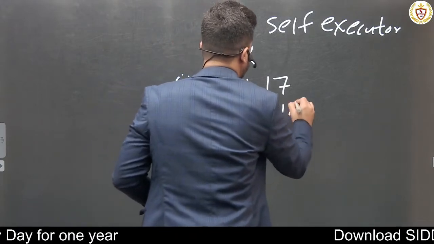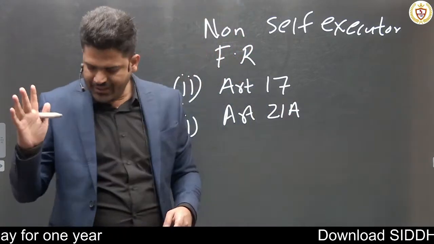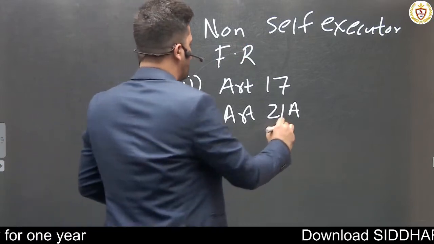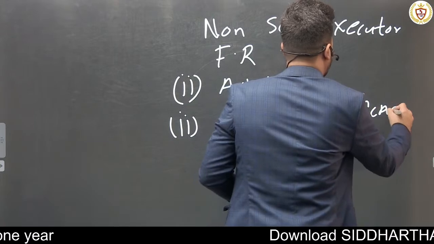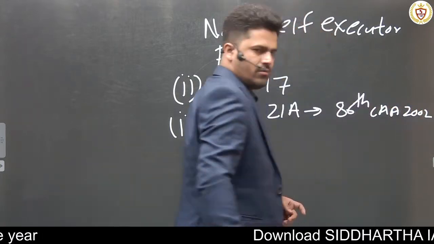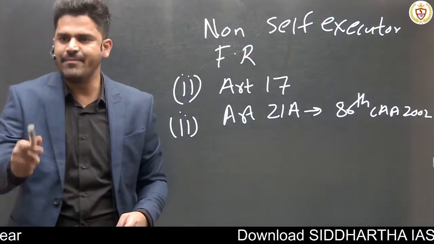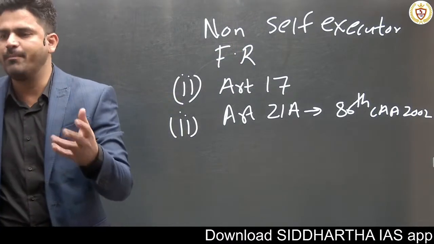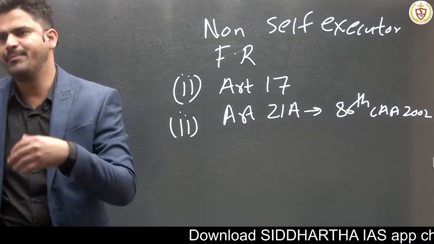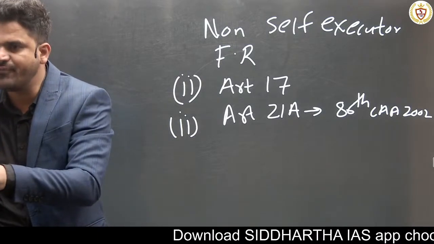21A. See, Article 21A was incorporated through 86th Constitutional Amendment Act 2002, which provides fundamental right to education. Okay, right to free and compulsory education to the children below the age of 14 years.